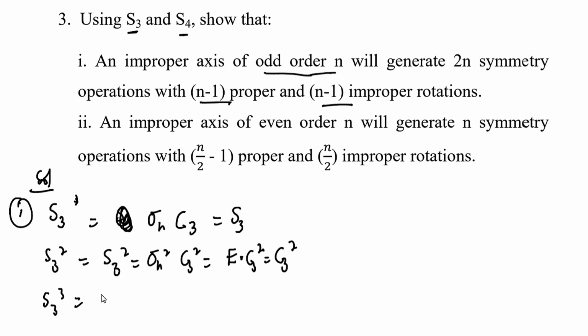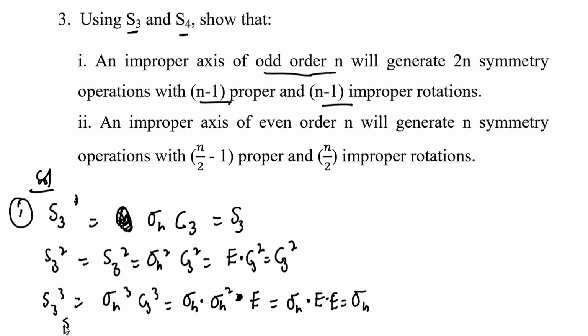So the third one is going to be sigma H cube C3 cube. So this is going to give sigma H, and then we have sigma H square, and then we have 1, which is C1 or identity, whichever one. So basically we are going to have sigma H, identity and identity. So this will give us sigma H.